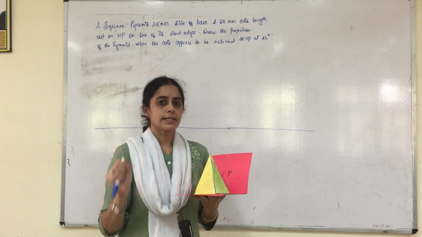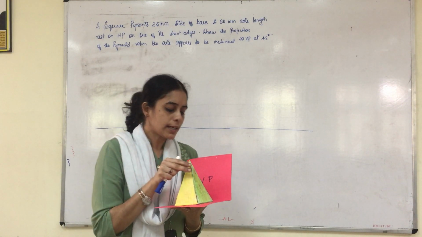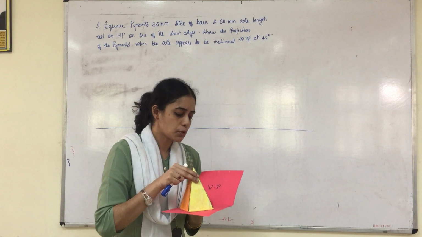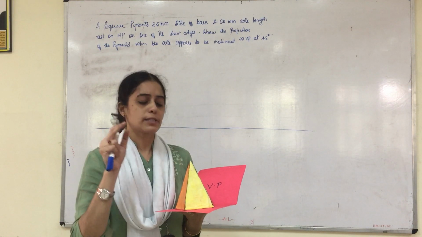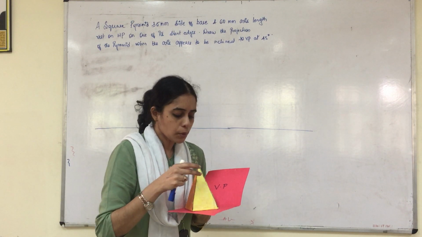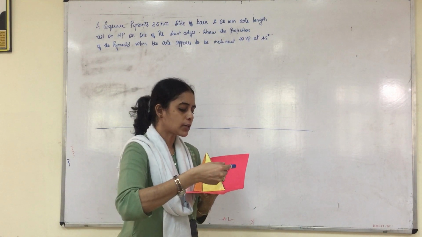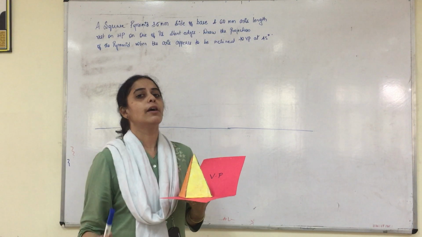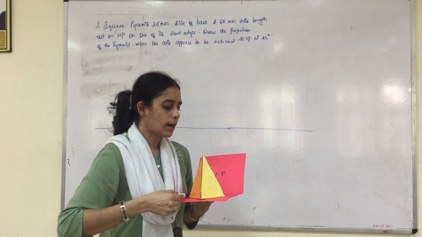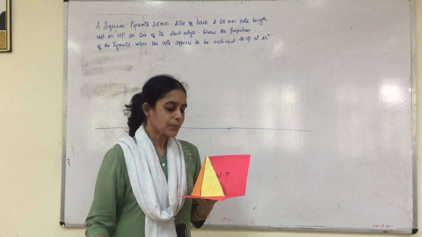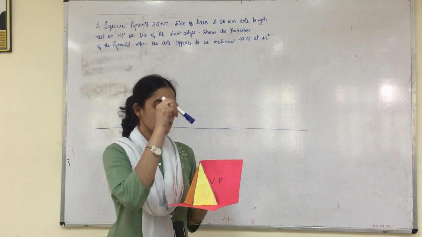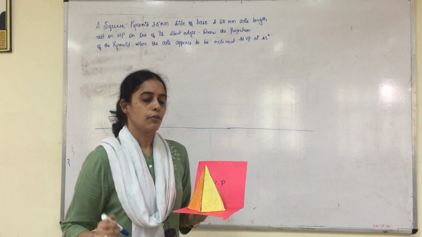So in order to get the slant edge, the only option is to keep the initial position of the square pyramid in such a way that you get the projection of the slant edges. For that, we always keep one of the corners towards your right, so the other corner comes towards our left. Then we take the projections of the top view as well as the front view.